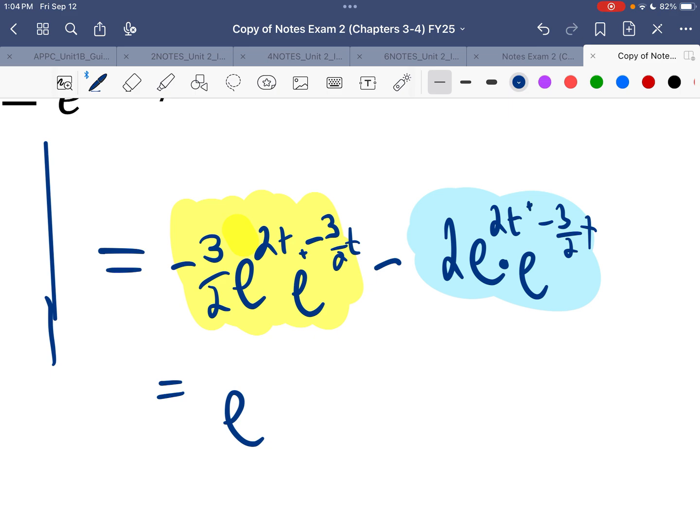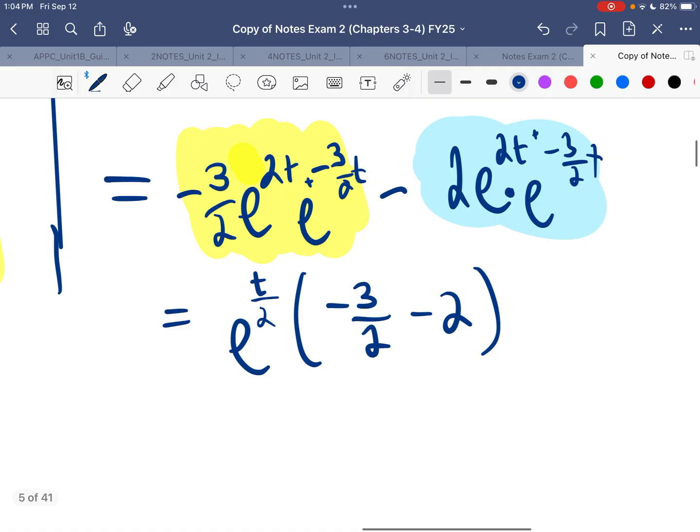It says 4t over 2 minus 3t over 2 is just t over 2 for both terms. So we get negative 7 over 2 e to the t over 2.